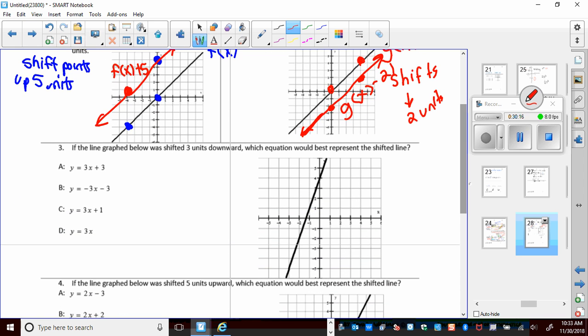So this number 3 is very much like number 4. All right. So they're asking for a new equation. They want the equation of the new line.